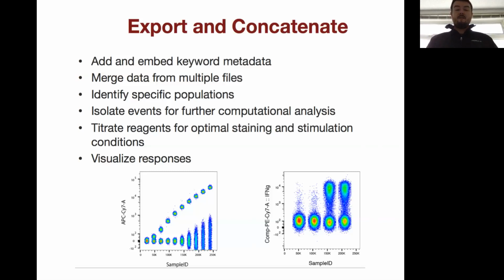In the case here, we see a titration experiment that's been concatenated, and we've included a keyword that allows us to separate out the different titer samples. And so we can see how the titration was affecting whatever color we're titrating for.